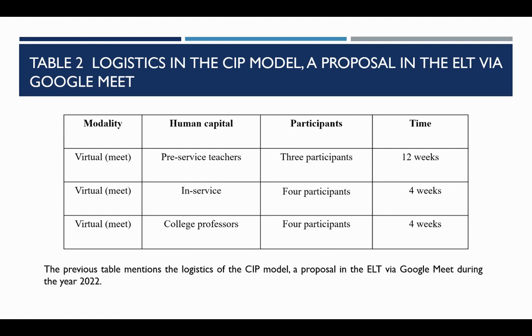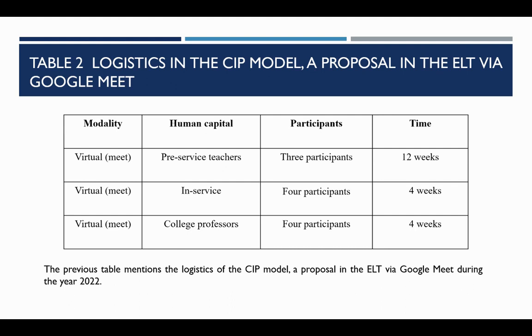For the second group, also in a virtual manner using Google Meet, the human capital will be in-service teachers. We will have 4 participants teaching 4 weeks, which makes it one specific month.